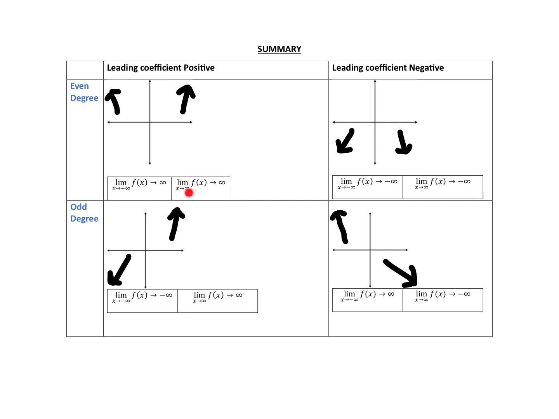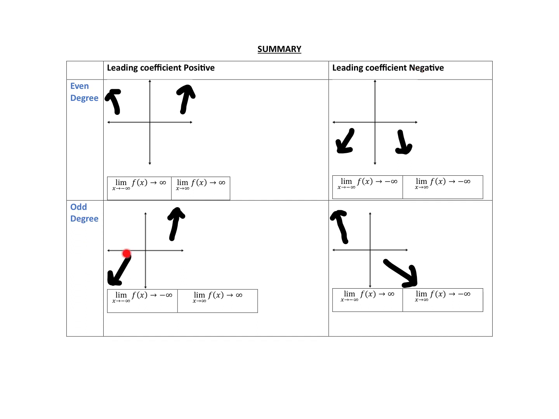As x approaches positive infinity, y approaches positive infinity. If the leading coefficient is negative, notice that the arrows are pointed down. So whenever you see a graph and the arrows are pointed down, both of them, the leading coefficient must be negative and the degree must be even.